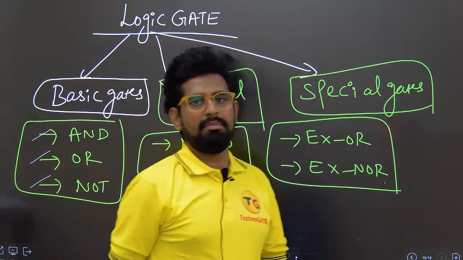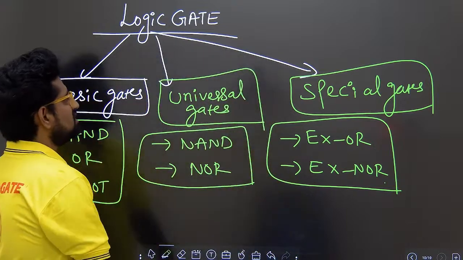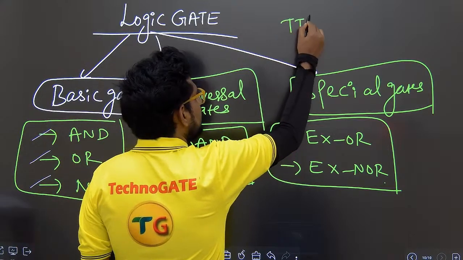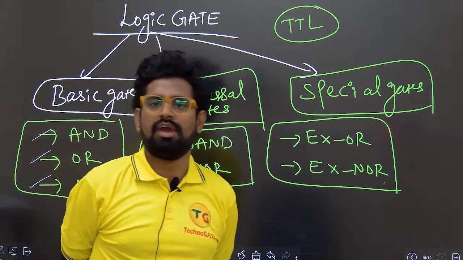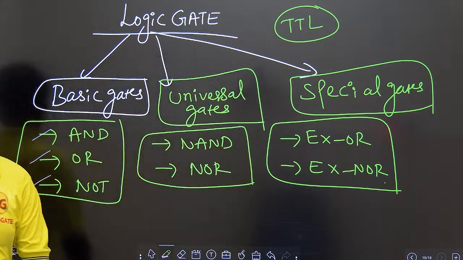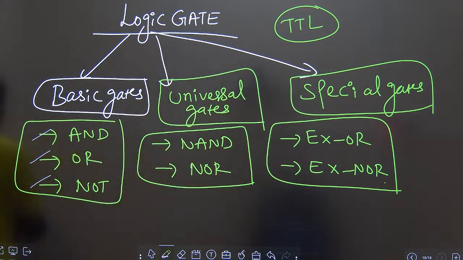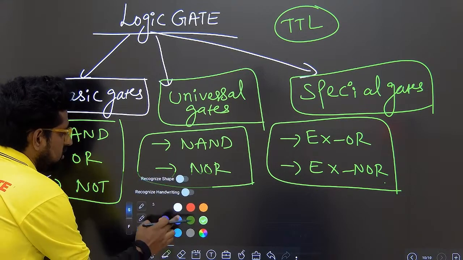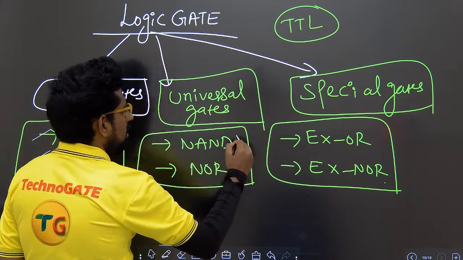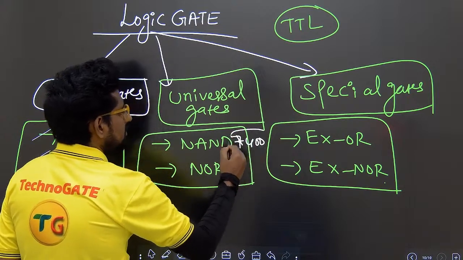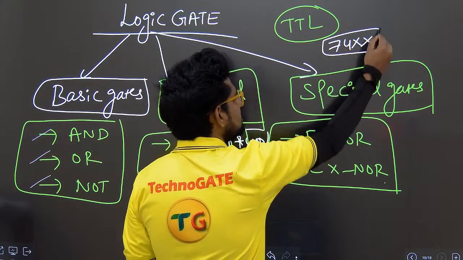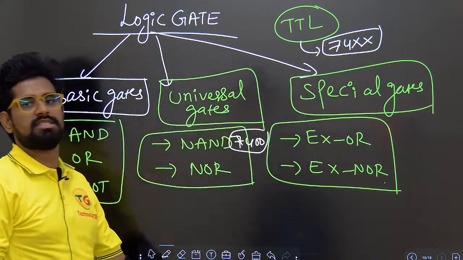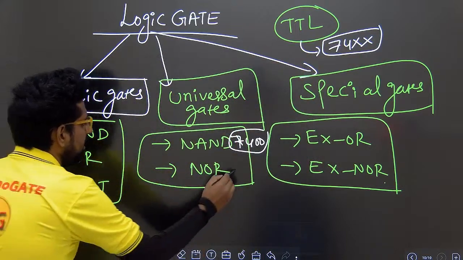Now let us try to study all these gates. Before that, let me give you the IC numbers. These gates are constructed using the transistor logic family, and let me give you the TTL IC numbers first. The NAND IC number is 7400. The IC number is 74XX, which is the series of transistor logic.